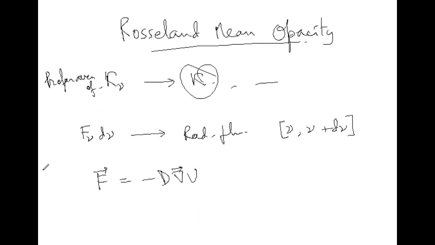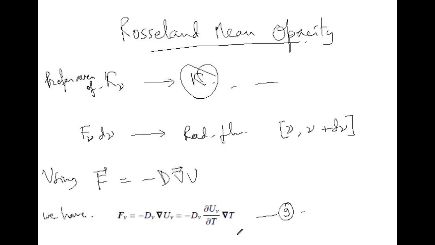I'm writing down the result. We have this result here, and in an analogous manner we can write this down. This is equation 9, where D nu is again, by the same analogy, 1/3 of c into l, or basically this quantity.